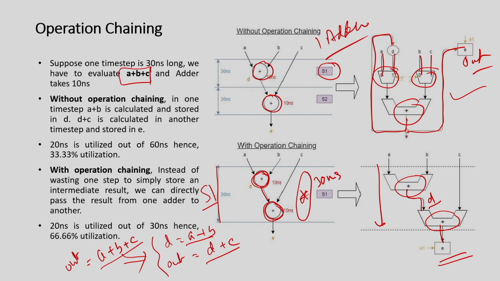Operation chaining is nothing new, and it is not related only to path based scheduling. You can do the same thing in normal scheduling as well, but so far the way we have discussed scheduling, we did not consider operation chaining. In path based scheduling this is very obvious, because our objective is to schedule everything in the minimum number of time stamps.